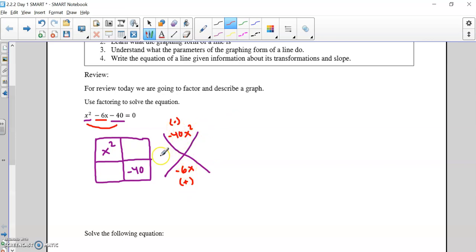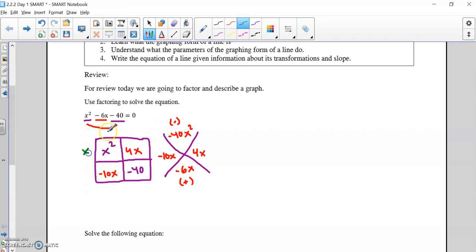If we did negative 10 and positive 4, negative 10 times 4 is negative 40, so it works. Negative 10 plus 4 is indeed negative 6, so that works as well. Once we know it works for both conditions, we can fill in the rest of our boxes with those values.